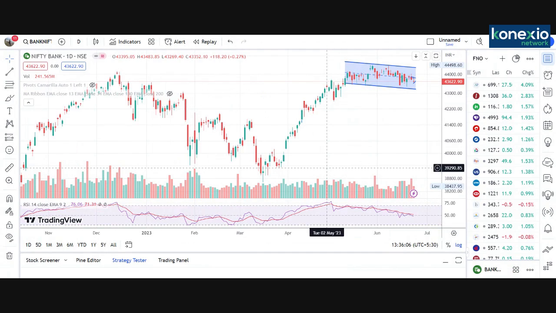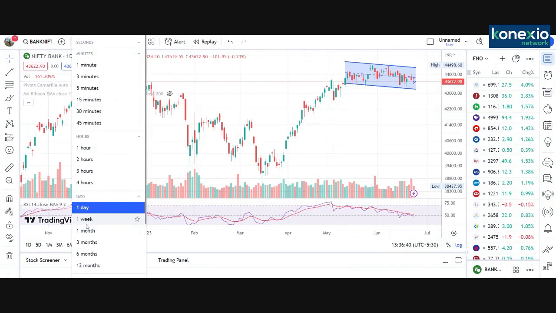Yes, if anybody wants to go short, then one should go only if Bank Nifty closes below 43,500, 43,350 decisively in spot levels. So until and unless these levels are breached, one should not take a directional call. Yes, the strategy in Bank Nifty should be buy on supports and sell on resistance. This could be a simple strategy for Bank Nifty, at least for the next week, the monthly expiry.